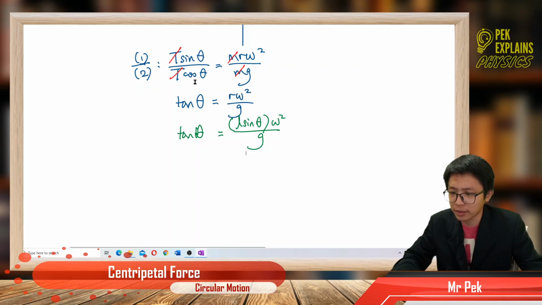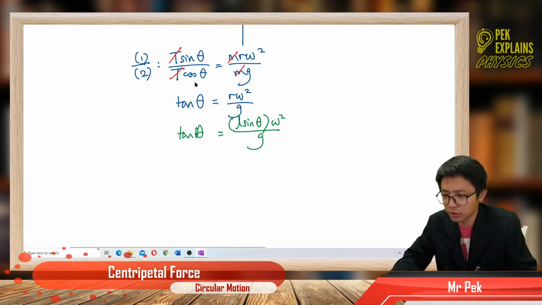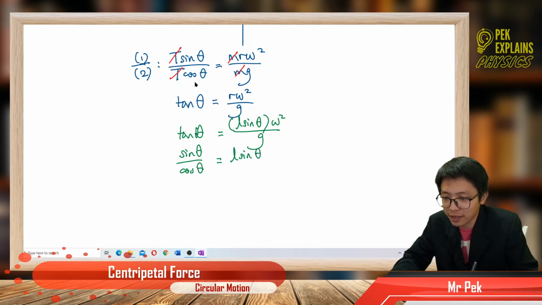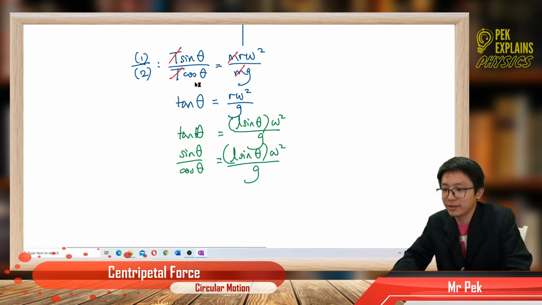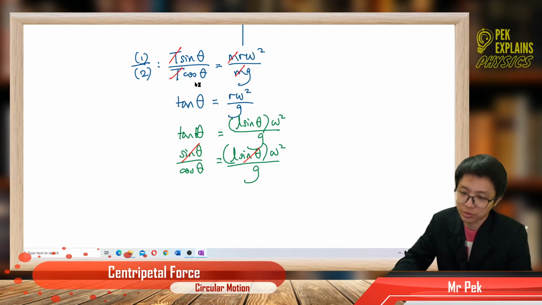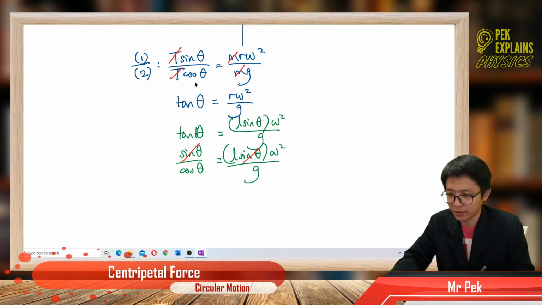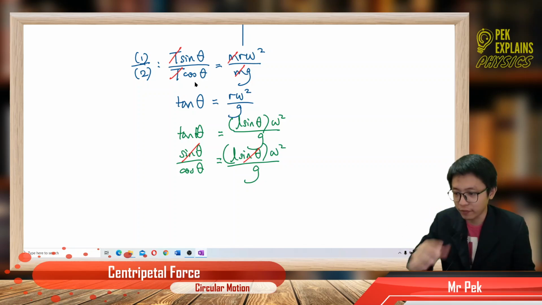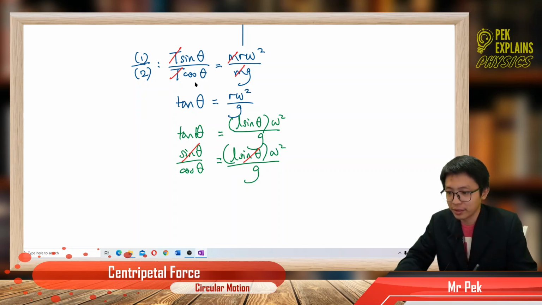We change back the tangent theta into sine theta over cos theta equals L sine theta omega square over g. Then we can cut the sine theta, and it is easier to solve the question. So we no more have sine theta, we only have cos theta there.